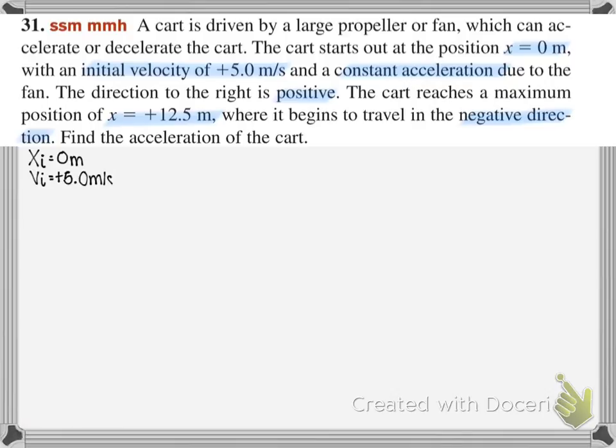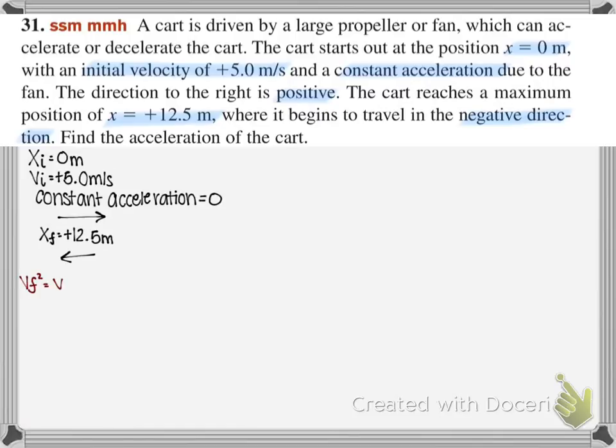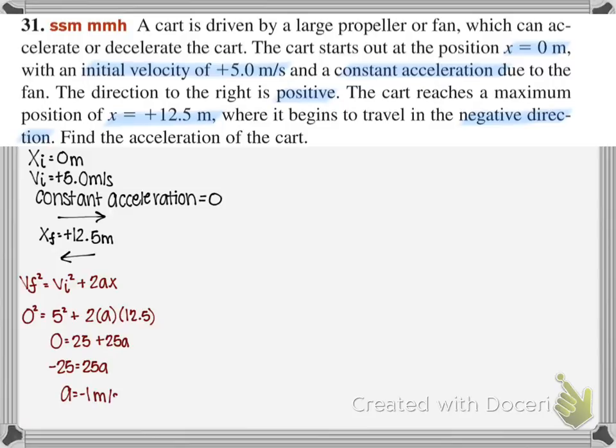Your initial displacement is 0 meters. Your initial velocity is positive 5 meters per second. You have a constant acceleration. Your final displacement is positive 12.5 meters. So you'd use the equation v final squared equals v initial squared plus 2ax. You use 0 squared because since it's going in the opposite direction, it will eventually slow down and come to a stop.